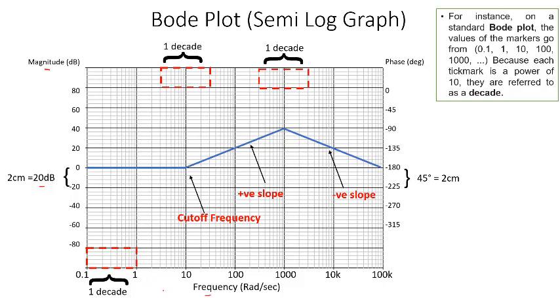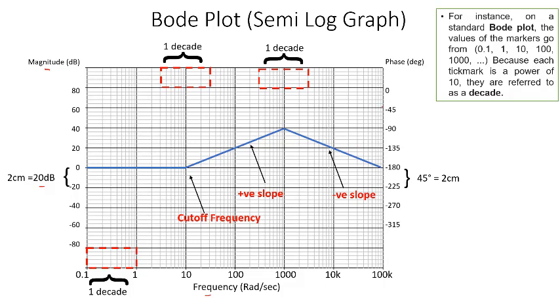And for the x-axis, 1 decade, we will start from the corner frequency with 0.1 and up to 1, 10, 100, 1000, 10,000 and 100,000. So each increment is used to represent 1 decade.